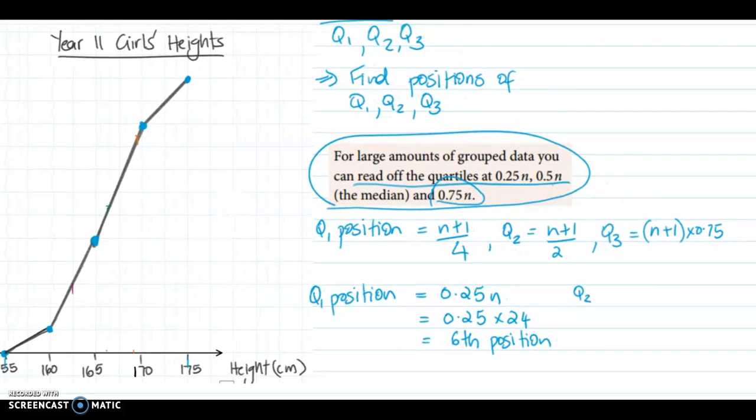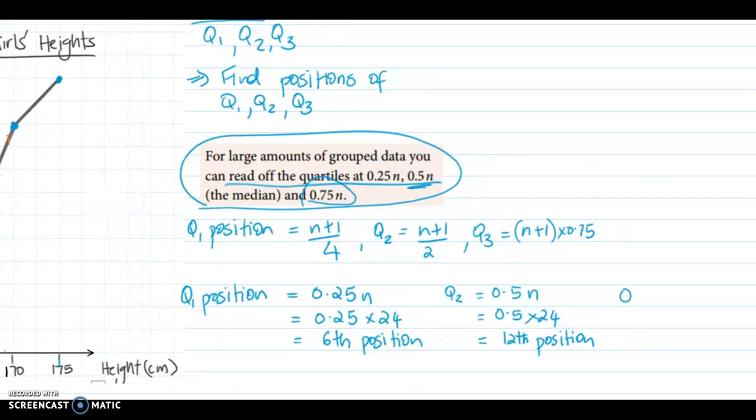Then Q2 can be found by 0.5n, which is 0.5 times 24, and that's our 12th position. And similarly, Q3 can be found by 0.75n, which is 0.75 times 24, and that gives us the 18th position.